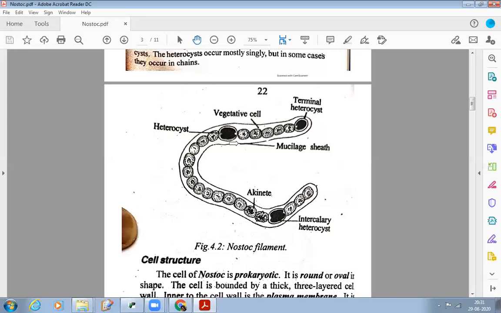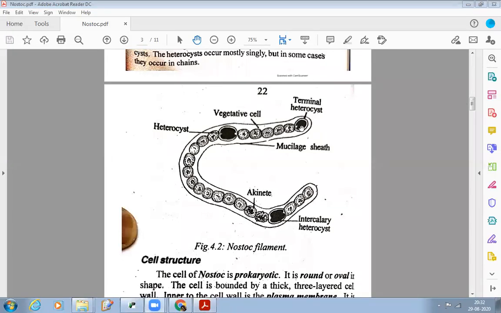This intercalary heterocyst has two pores, and with these two pores a connection exists between the vegetative cell and the heterocyst. Because of these protoplasmic connections, food material can be transferred from the vegetative cell into the heterocysts. Whereas a terminal heterocyst has only one pore.